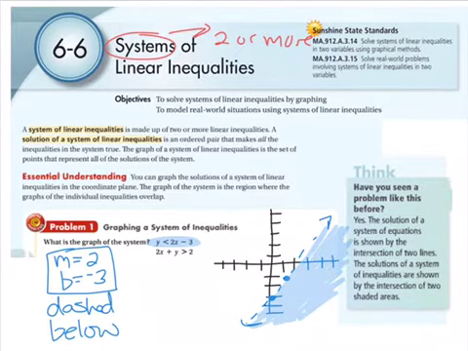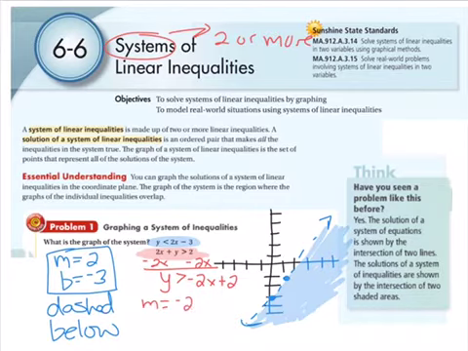Now I'm going to go ahead and graph the second inequality. However, if you notice, that second inequality is not in slope-intercept form. So the first thing I'm going to do is move that 2x over, and I'm going to get it into slope-intercept form. That way I can easily identify the slope is negative 2, the y-intercept is positive 2.